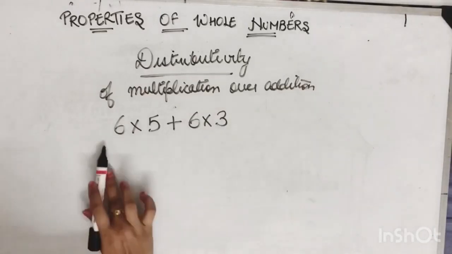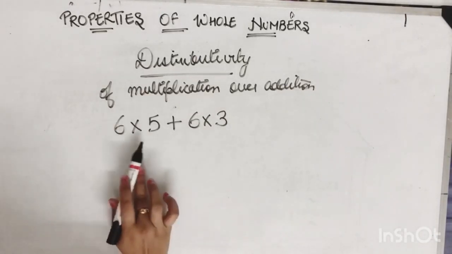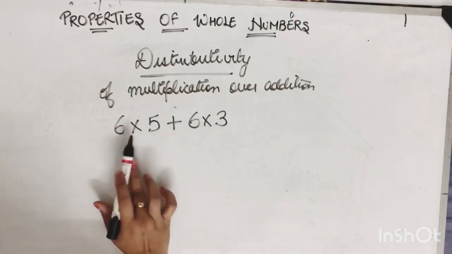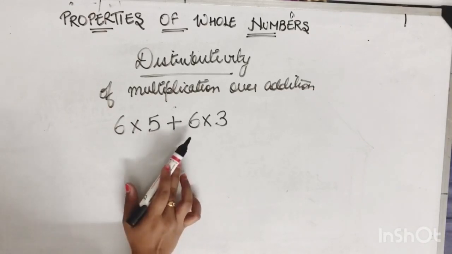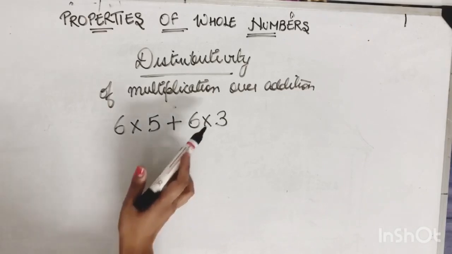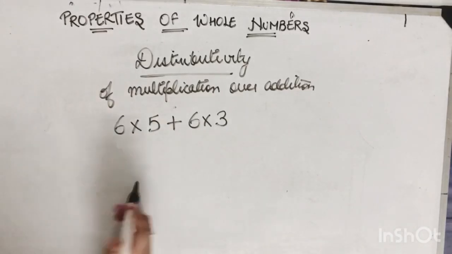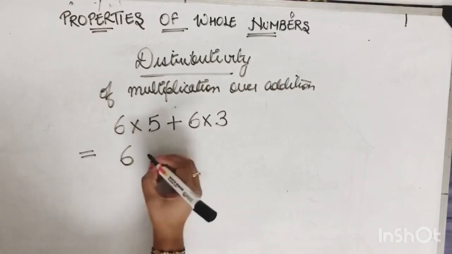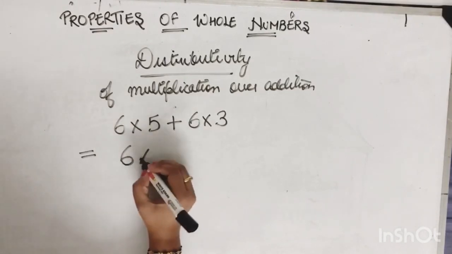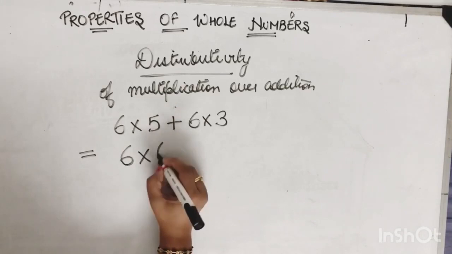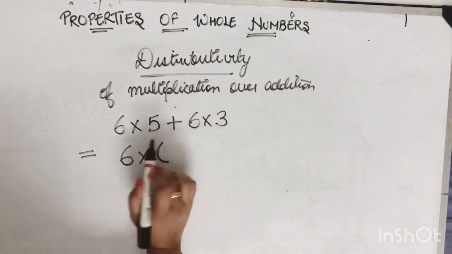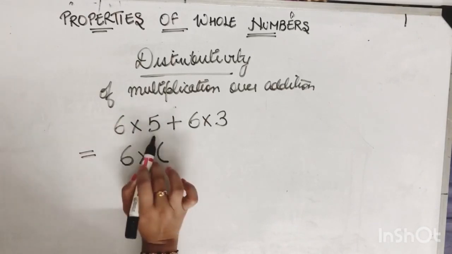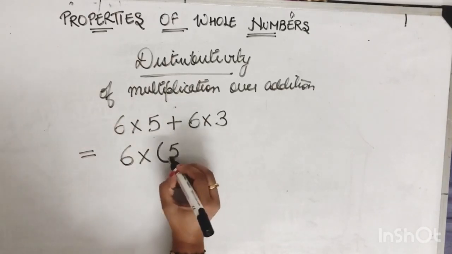You have to solve this question. 6 into 5 plus 6 into 3. Now 6 is common in both the terms. So I can take 6 common outside the bracket. So I can write this as 6, बाहर common ले लिया. Now multiply. I'll put a bracket here. अब 6 अगर बाहर लिया तो first term में क्या बचा अंदर? 5. So you'll write here 5.